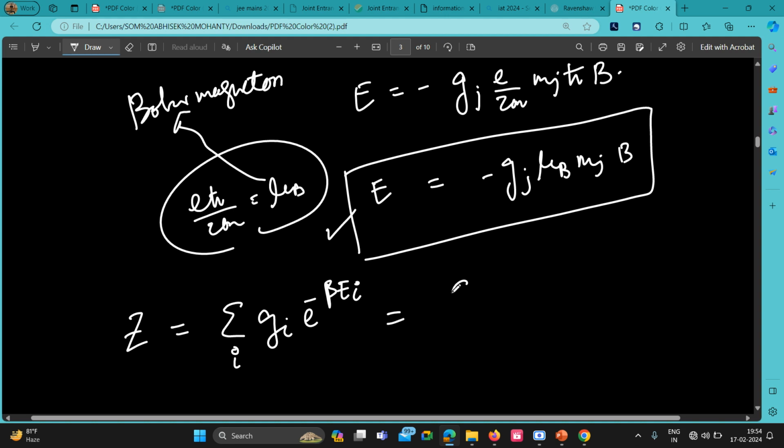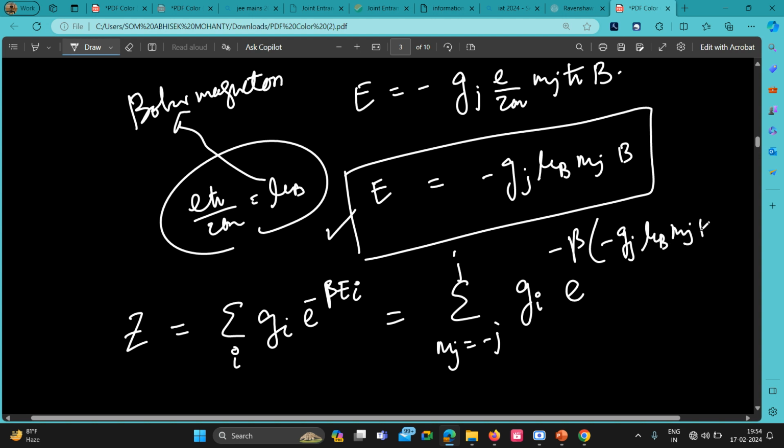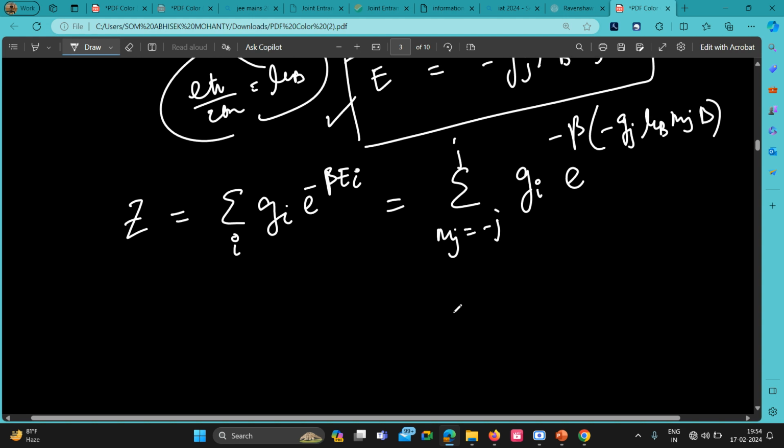So mj is equal to minus j to j, gi is the degeneracy, e to the minus beta times minus gj mu B mj B. If you make the minus minus plus, and degeneracy is one generally, so sum over mj from minus j to j of e to the power beta gj mu B mj B.